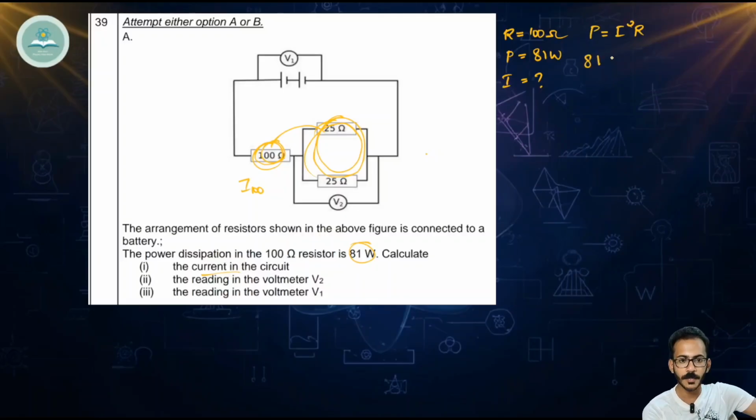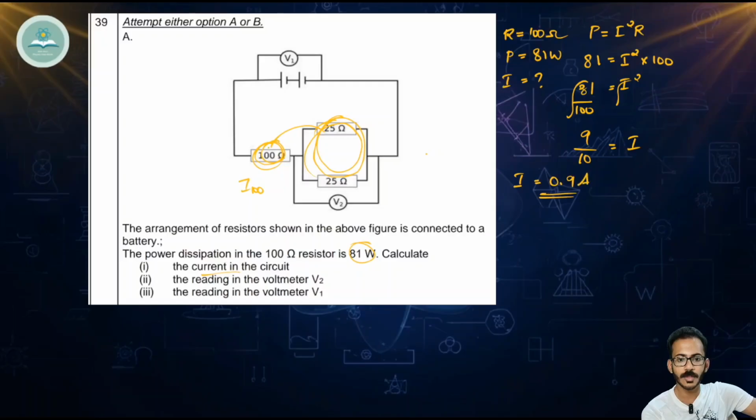P is 81 is equal to I square as it is, and the resistance, that is into 100. If I keep this I square here, that is equal to 81 divided by 100. If I take the square root on both the sides, then square root and square will get cancelled. Here square root of 81 is 9 divided by 10, that is I. So the value of I is equal to 0.9 ampere. So we got the current.